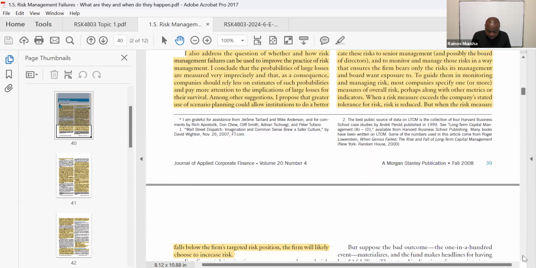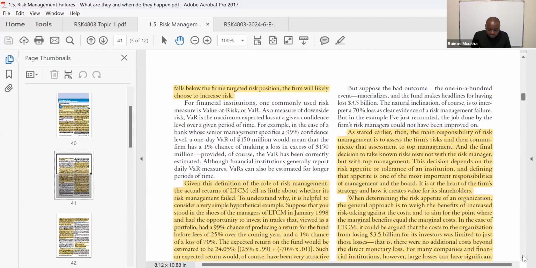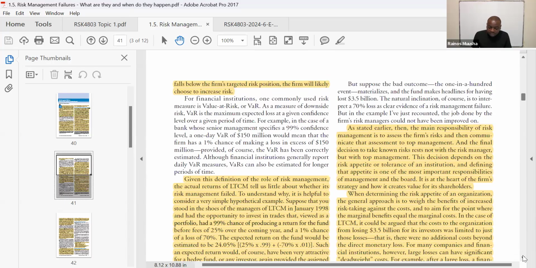But when the risk measure falls below the firm's targeted risk position, the firm will likely choose to increase that risk. Because remember, they are always trying to monitor the risk, since there is always a linear relationship between risk and expected return. As we pursue higher expected return, we also expect that our risk levels are going to be higher as well.